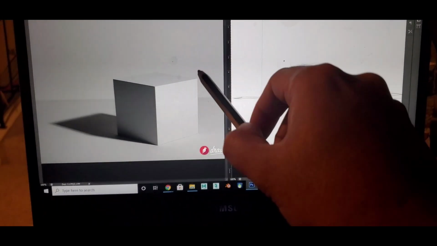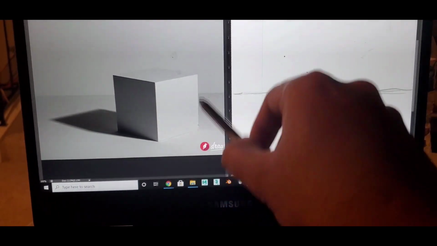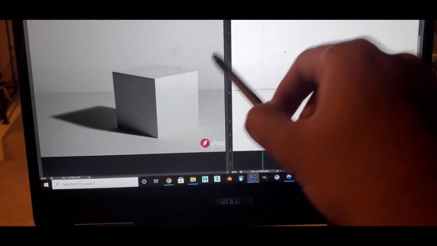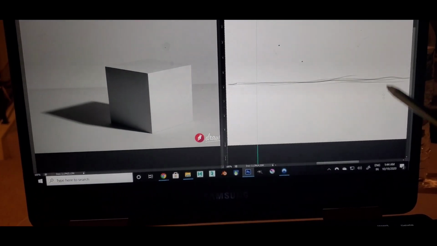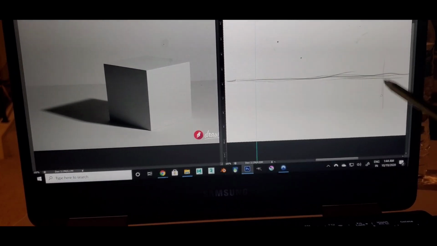Another mark that I can make is this vertical line, this vertical edge, which I assume is somewhere here.